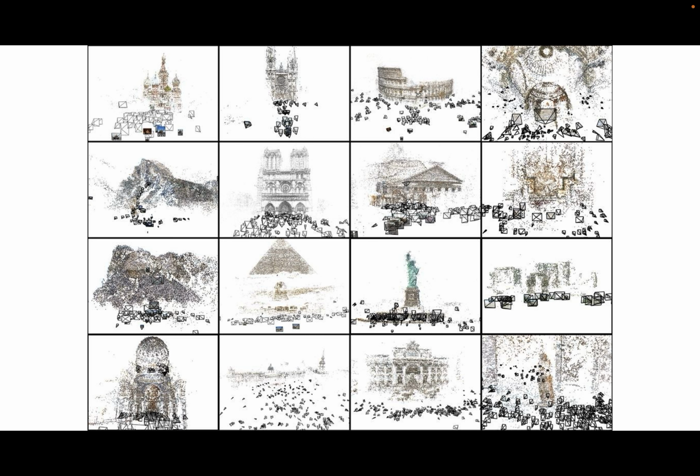And these are the output of structure from motion, incremental structure from motion, just capturing videos of some landmarks. These are some famous landmarks, right? And then we can get some sparse point cloud without any camera calibration, just by taking video. We can get a 3D sparse point cloud from structure from motion.